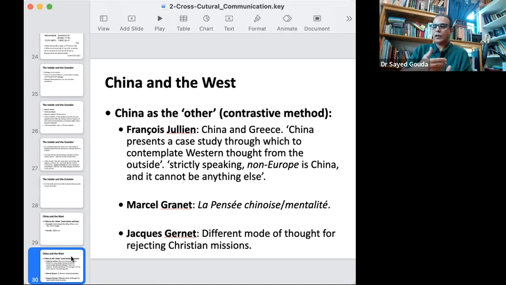That's why Christian missionaries have failed in China. And actually, when we look at this point, we find something very similar in Japan. Japan also, what's his name? Shusaku Endo, the Japanese novelist.